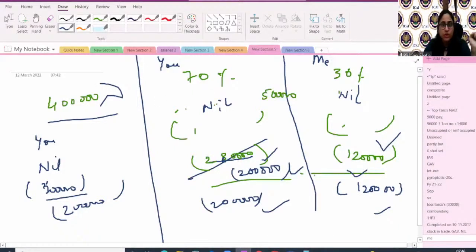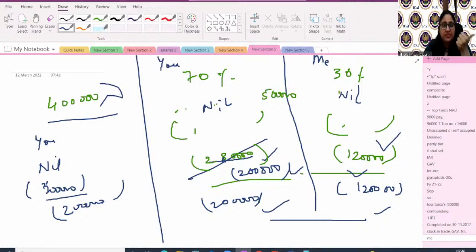This is co-ownership, but both get their own limit for the interest deduction. Hence co-ownership becomes beneficial for a self-occupied property, because each will get a maximum 2 lakh deduction. But yes, it would be divided based on their ownership.